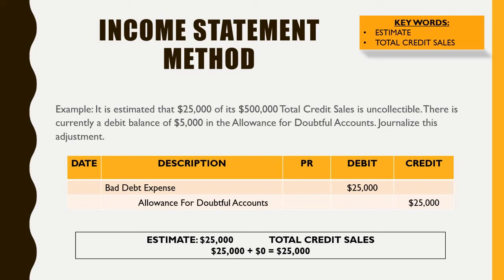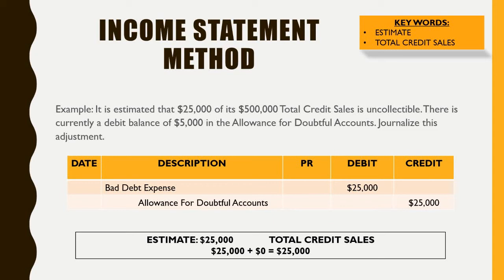So our only assumption here is that whatever the estimated amount is, boom, that's exactly how much we're going to debit my bad debt expense for and credit my allowance for doubtful accounts for, regardless of having an account balance in my allowance for doubtful accounts.